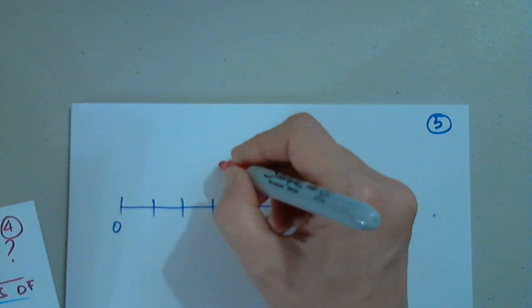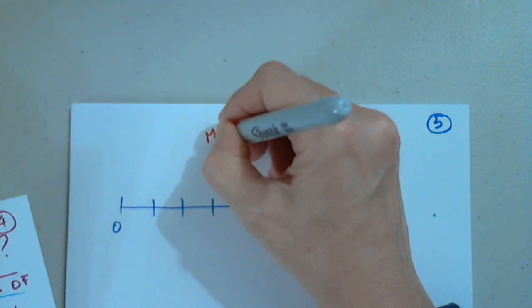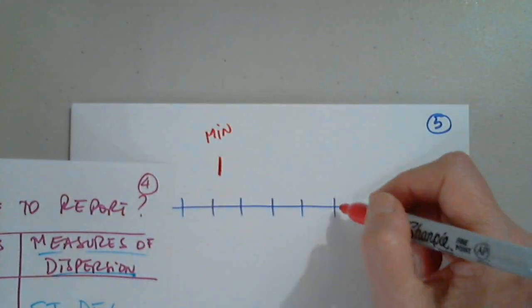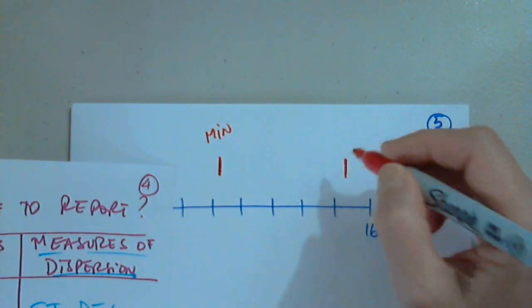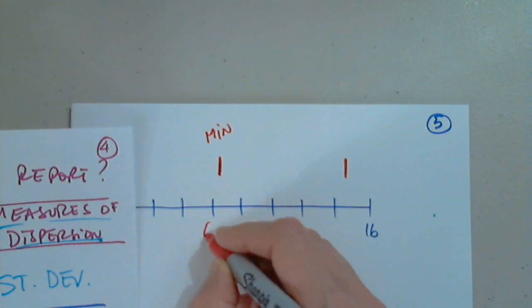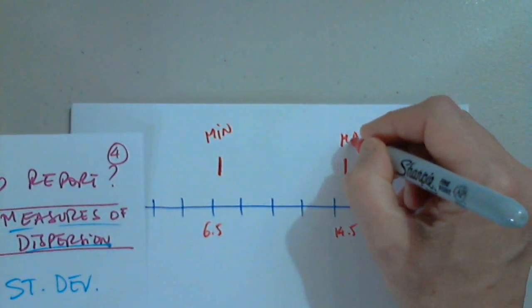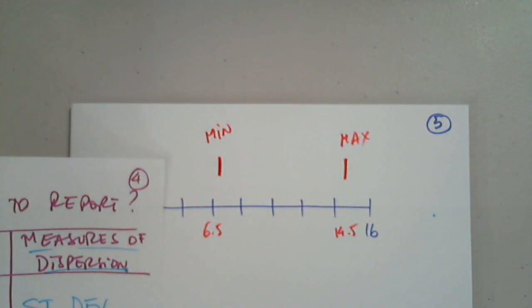So somewhere here. Min. Maximum is 14.5, so this is 14, this is 15, so this is 14.5. I'm going to write 6.5 and 14.5 as the maximum, and I signify those with a vertical bar.